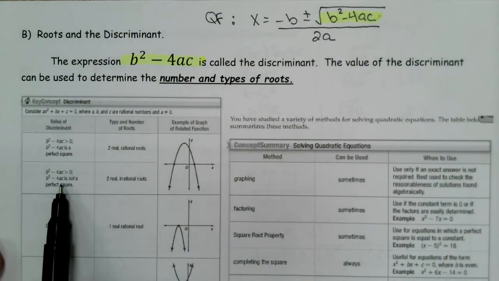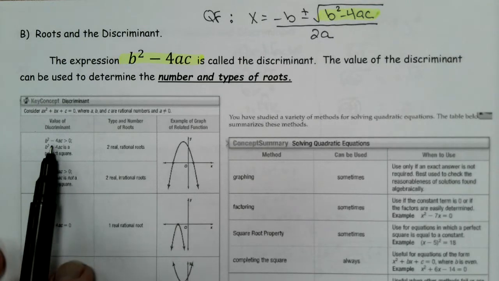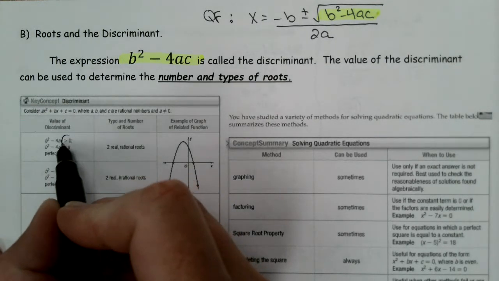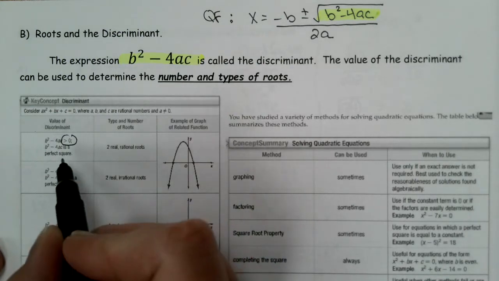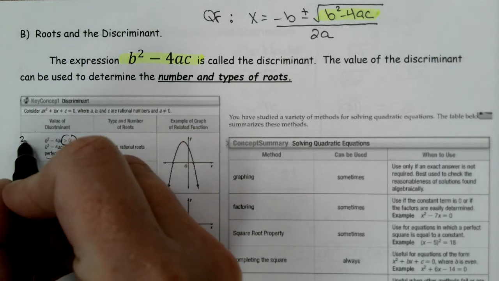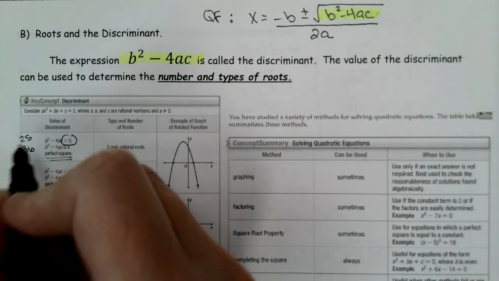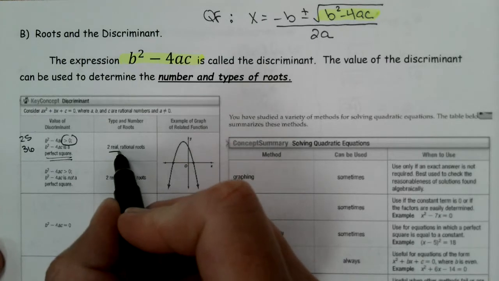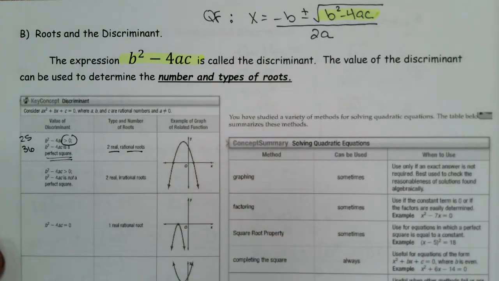On the back of your notes, you'll see this table. It says that if the discriminant is both greater than 0 and a perfect square, like 25 or 36, you get two real rational roots.